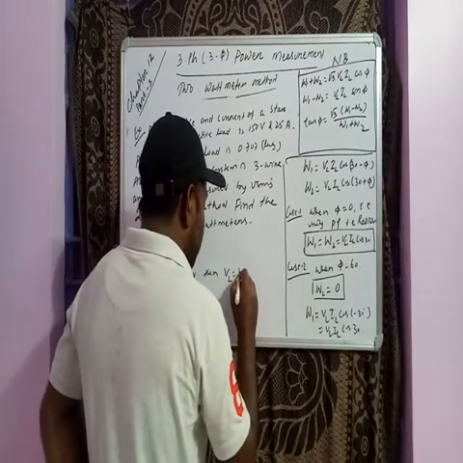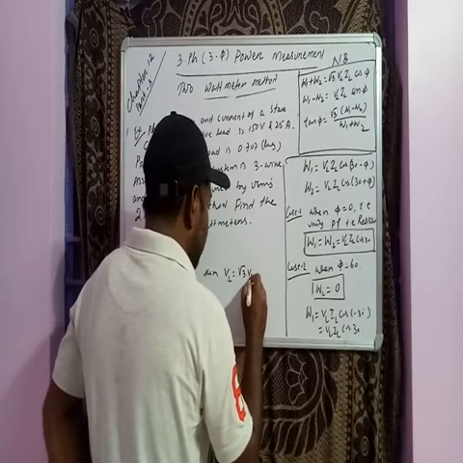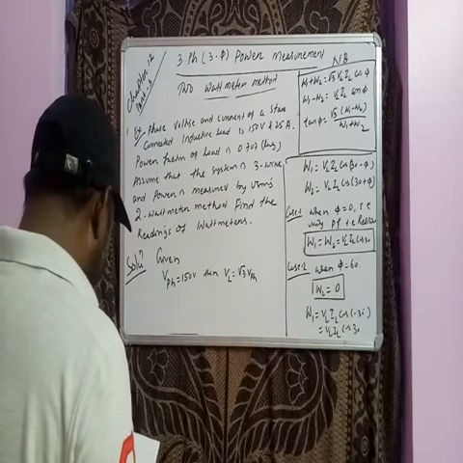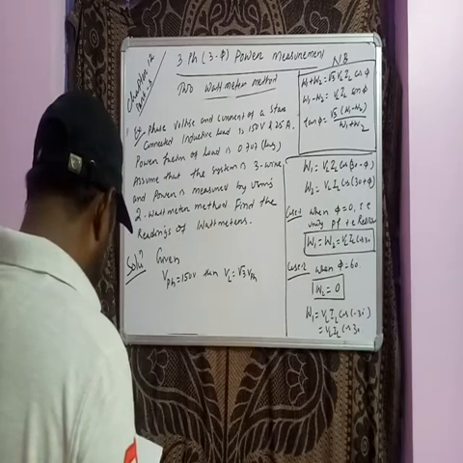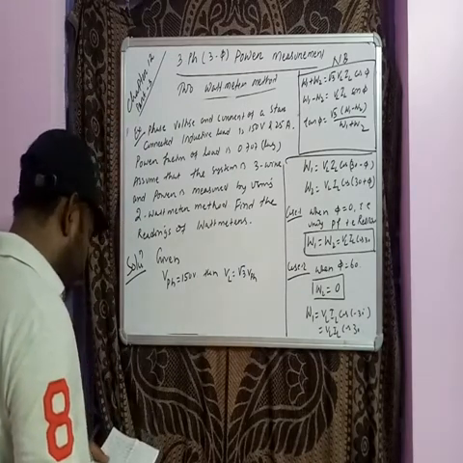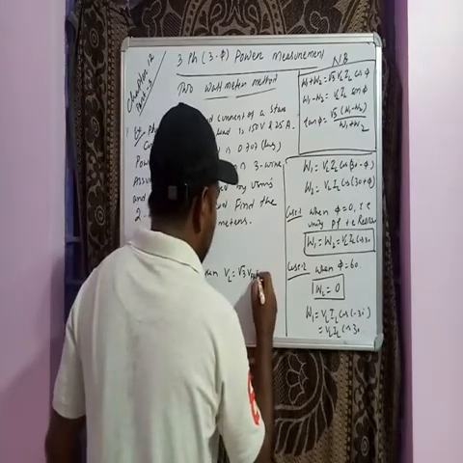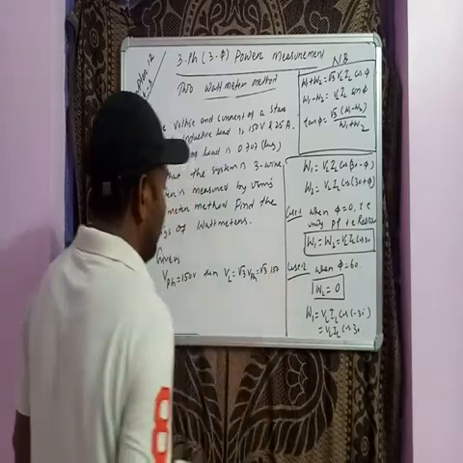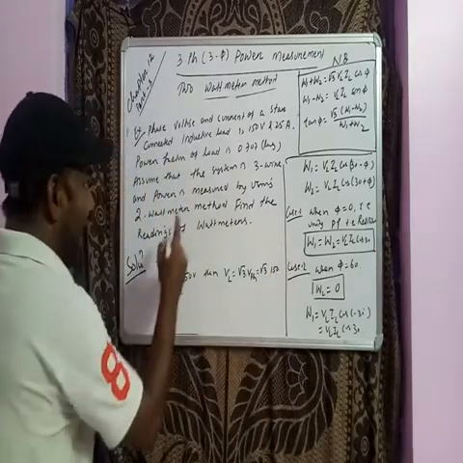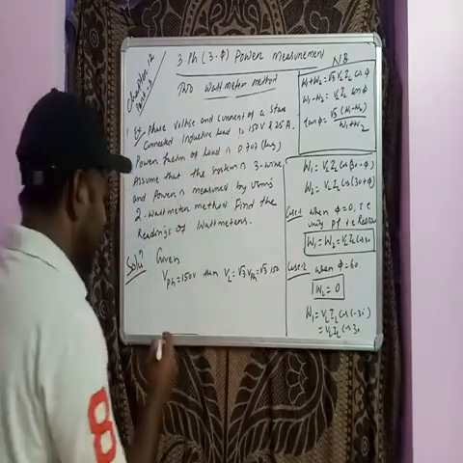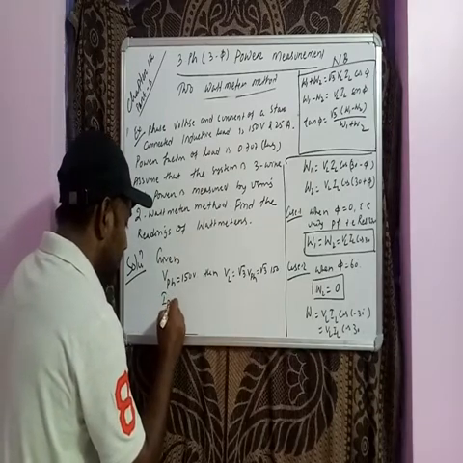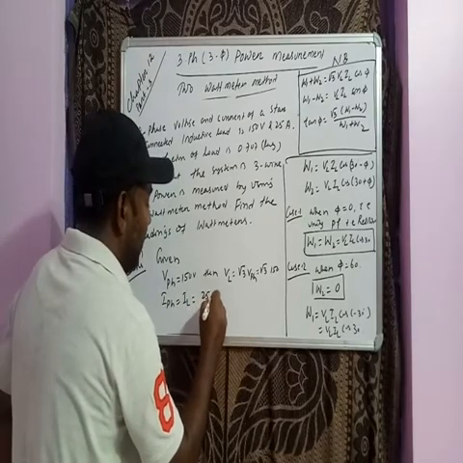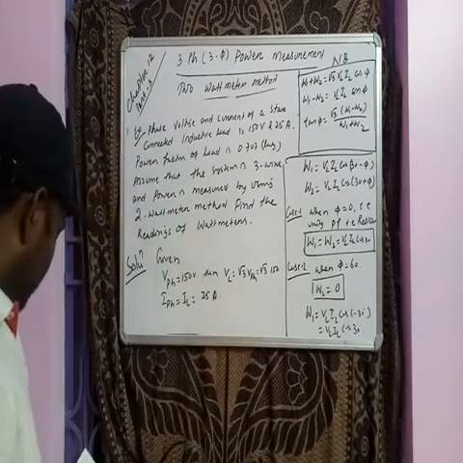So V phase value is 150, therefore VL is root 3 into 150. Now I phase is same as IL. That is how much given? 25 ampere. Up to this clear?